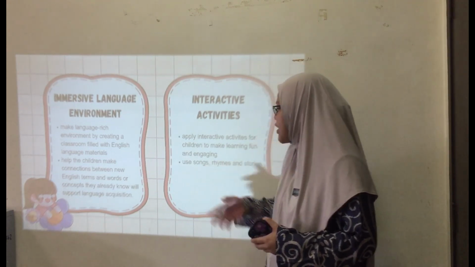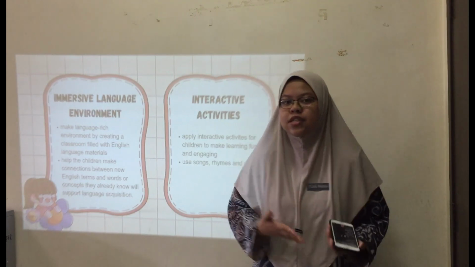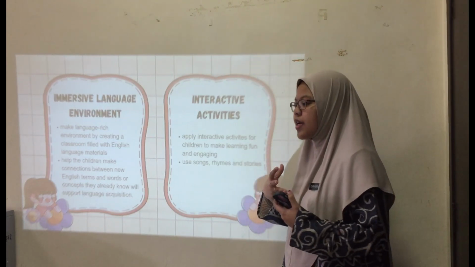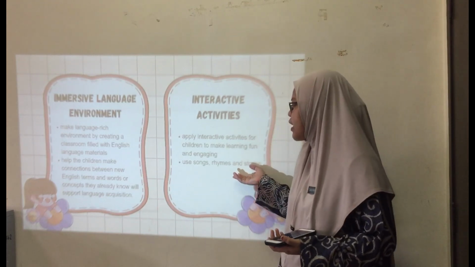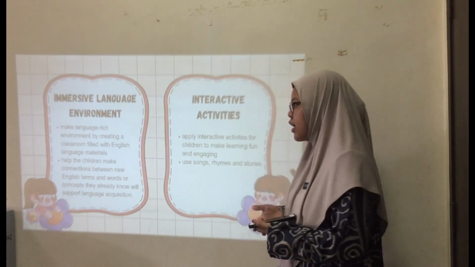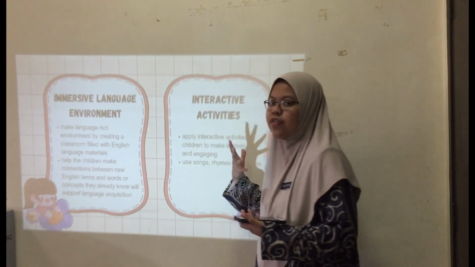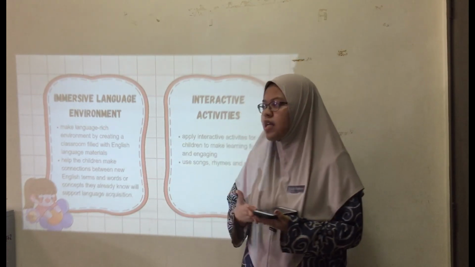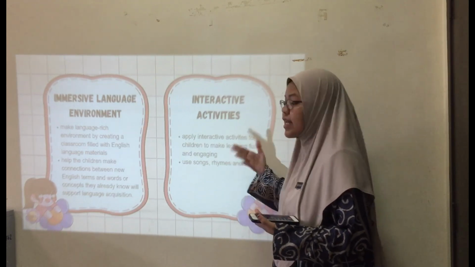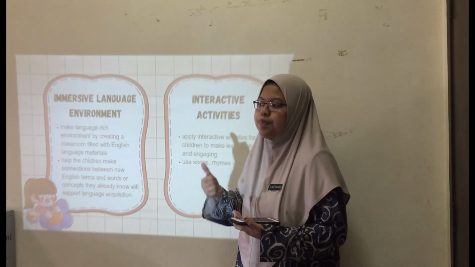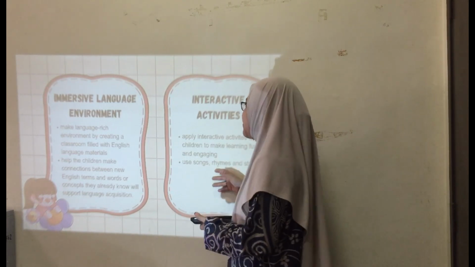For example, the teacher can use songs, rhymes, and stories with the children, and they can learn the language by singing or reading the stories with their friends. Okay, it can help the children to learn the language. They can learn the language with their friends in the class.